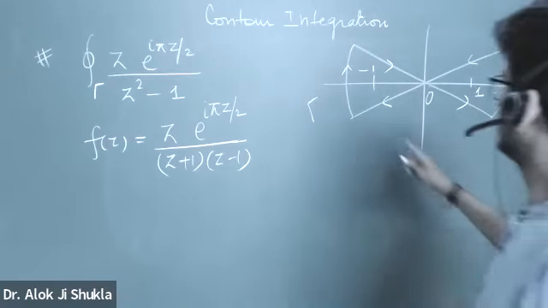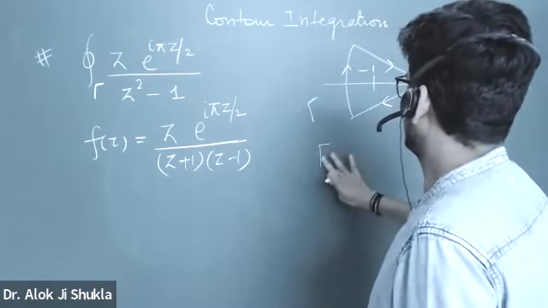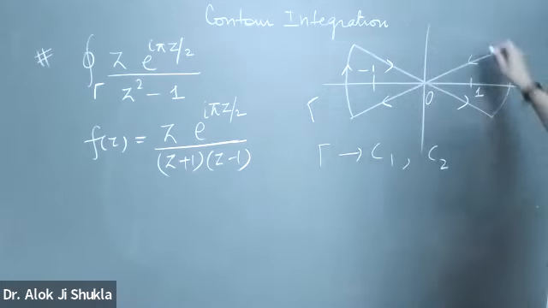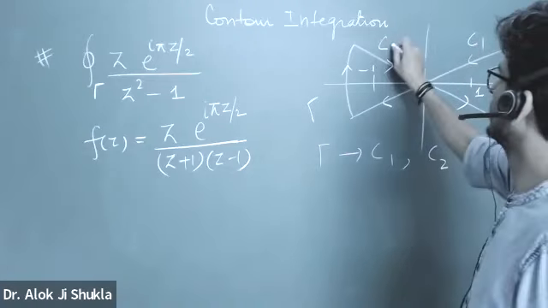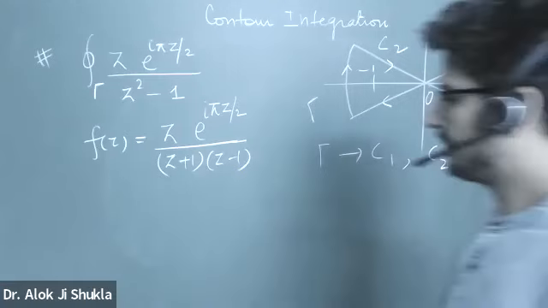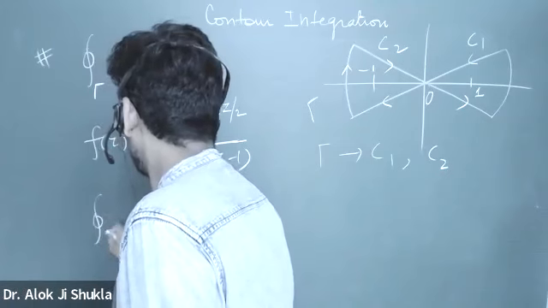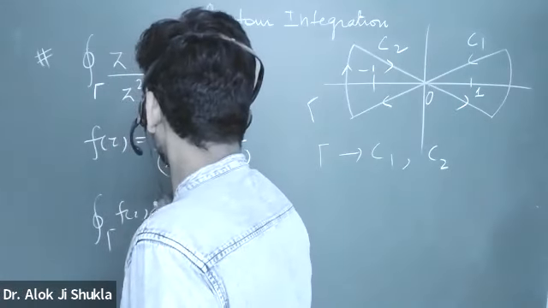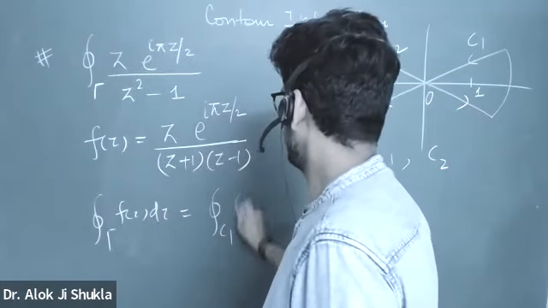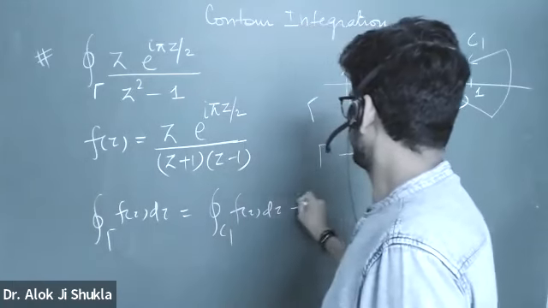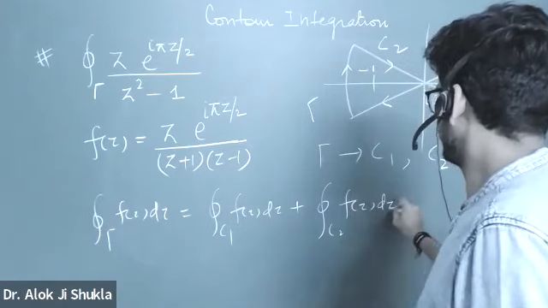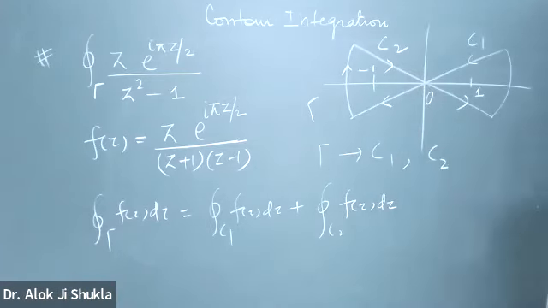So I may consider gamma as made up of two contours, C1 and C2. I can take this as the closed contour C1 and this as the closed contour C2. So like we break the limits, integral over gamma of f(z) dz is equal to integral over C1 of f(z) dz plus integral over C2 of f(z) dz.